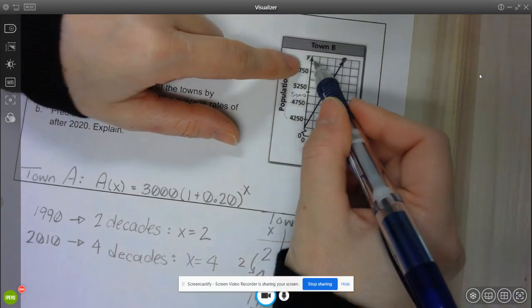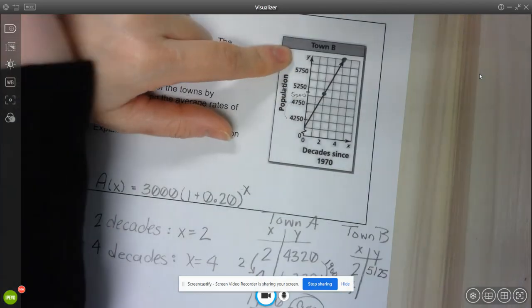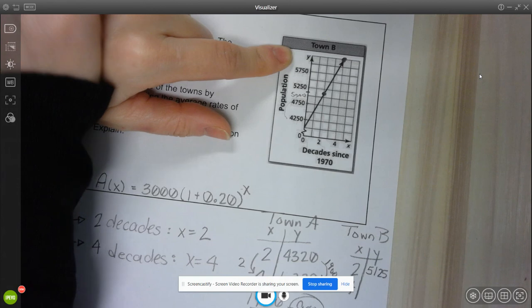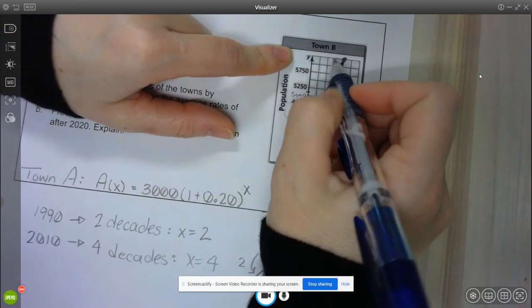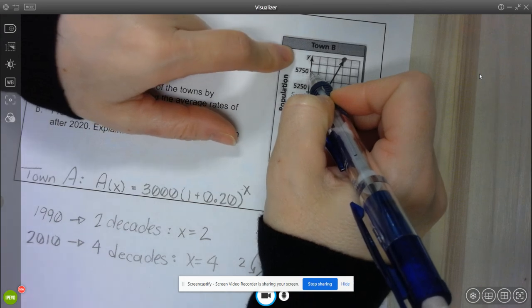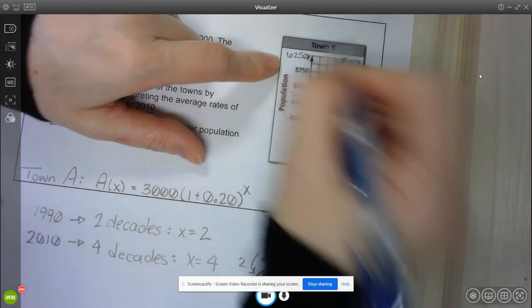So now I'm going to add 250 here, another 250 there. So 5,750 plus 2 250s, or 500, tells me that this is 6,250.